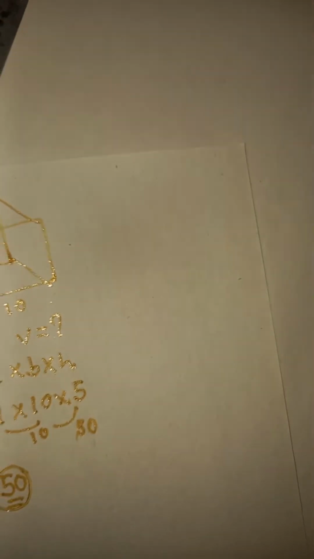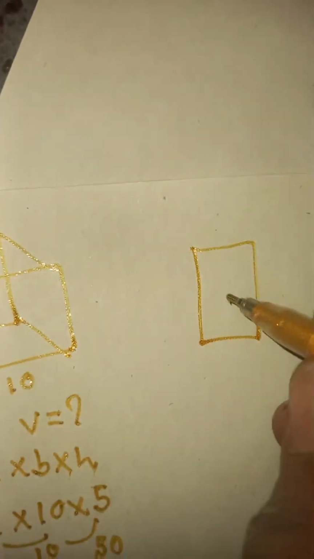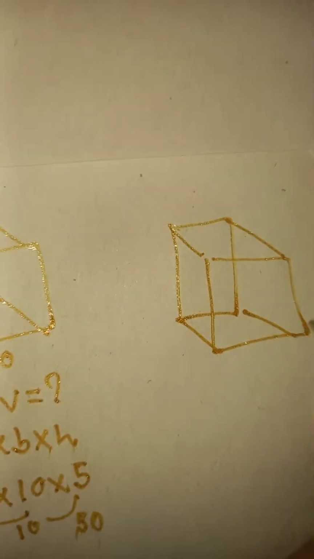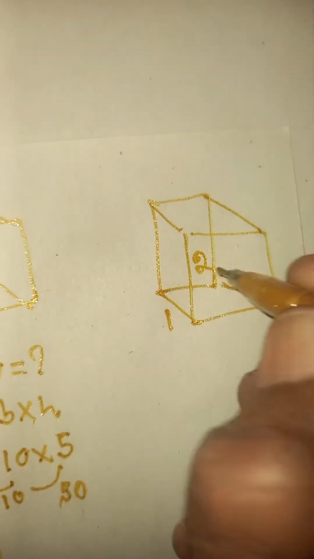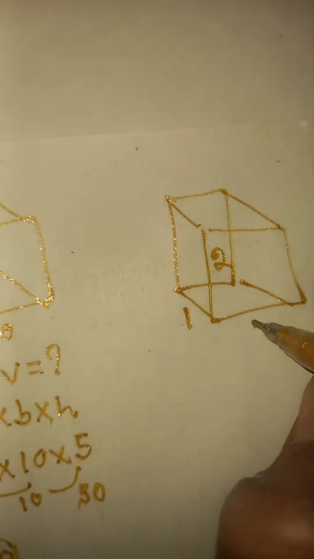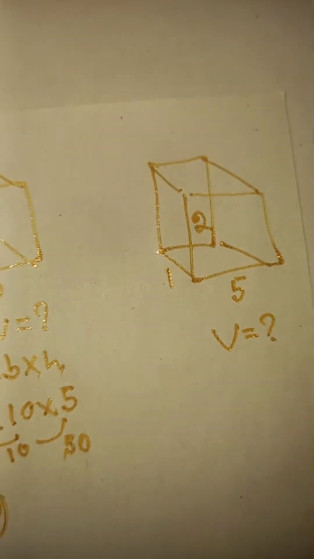Let's take the final cuboid. In this final cuboid they have given this side length as 1 unit, this side length as 2 units, and this side length as 5 units. You need to find out the volume of the cuboid again.